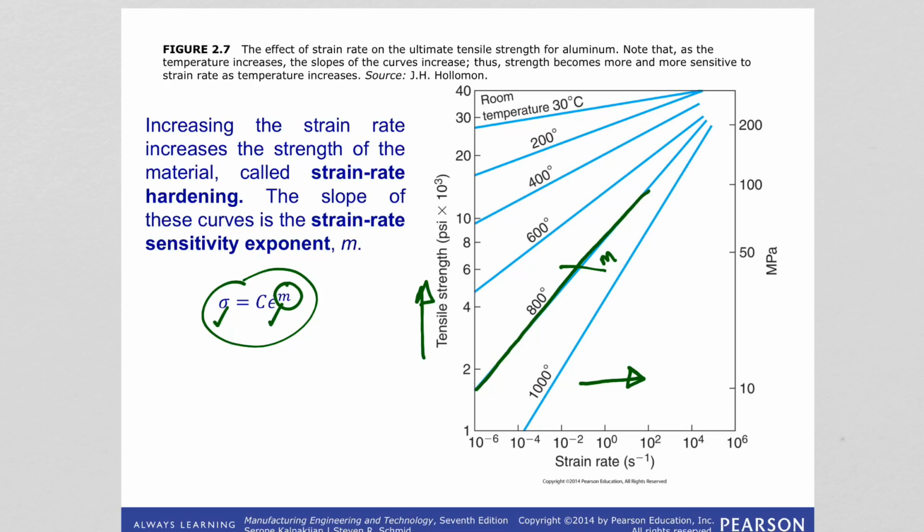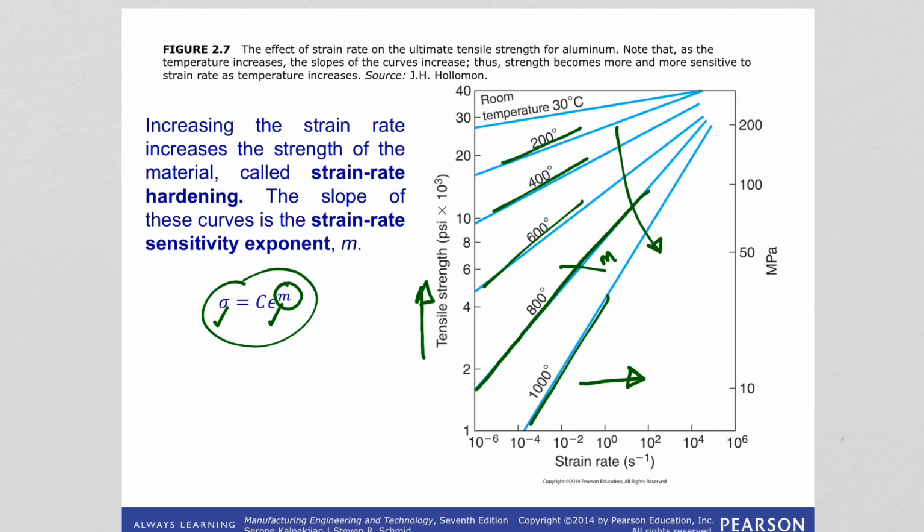We also see the effect of temperature here. As we increase the temperature, the slope is increasing. So that means m is increasing. This means strength becomes more and more sensitive to the strain rate as the temperature is increasing.